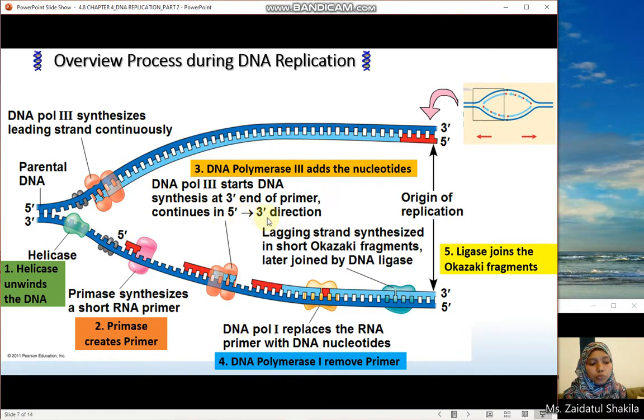Thus, one strand moves toward the replication fork, while the other strand moves away from the replication fork. At the end of the process, DNA polymerase 1 removes all the RNA primers, because they are RNA, and replaces them with new DNA nucleotides. The lagging strand, which is in short fragments called Okazaki fragments, will be joined by ligase to produce a continuous strand.